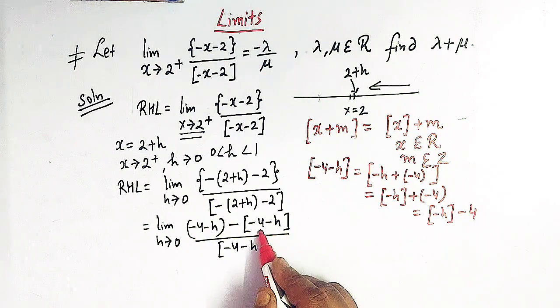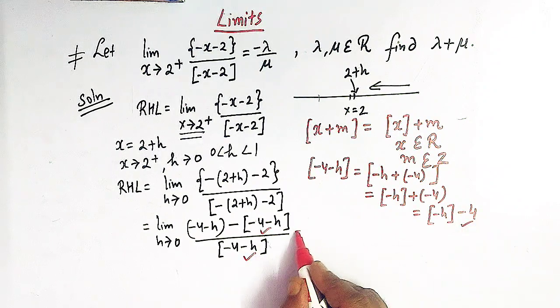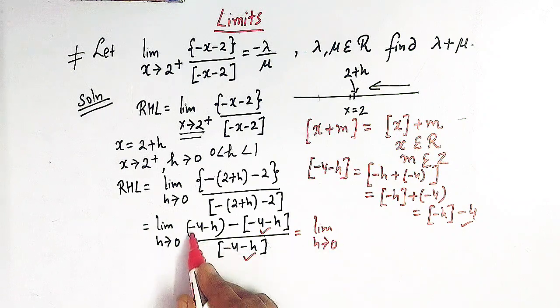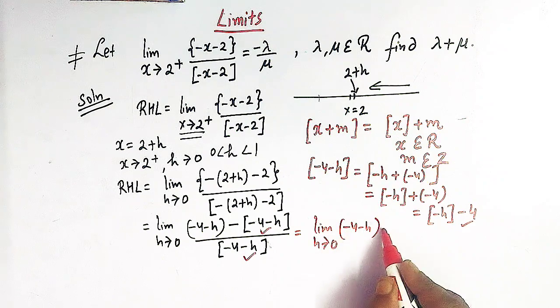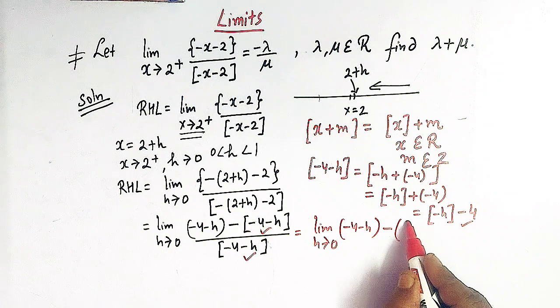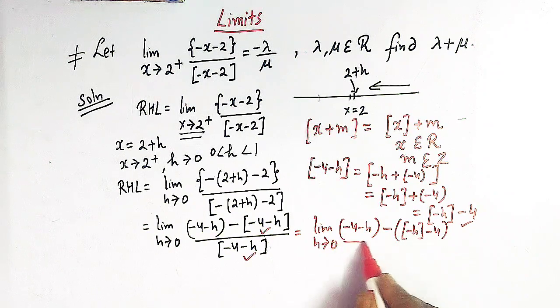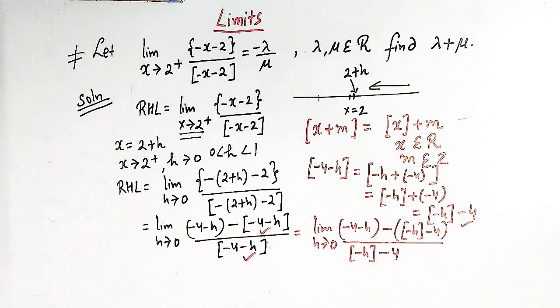Replacing these terms, we can now write the limit as h tends to 0 of minus 4 minus h, then a negative sign, then the greatest integer of minus h minus 4, and in the denominator we have the greatest integer of minus h, and then minus 4.